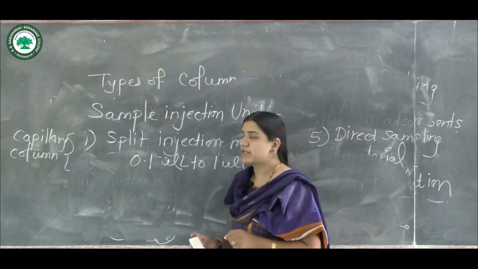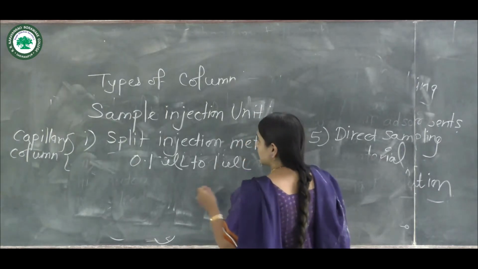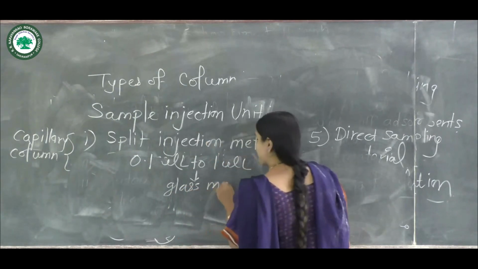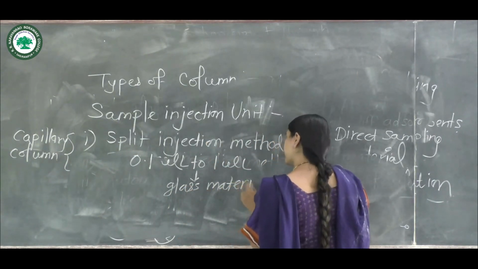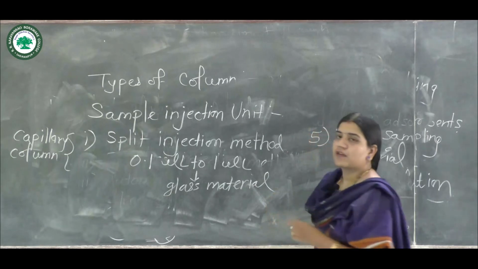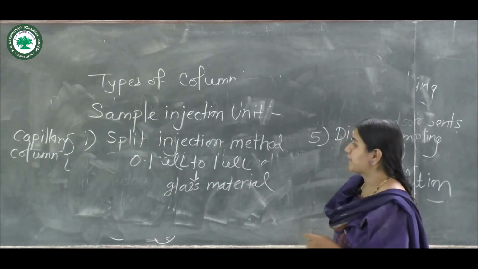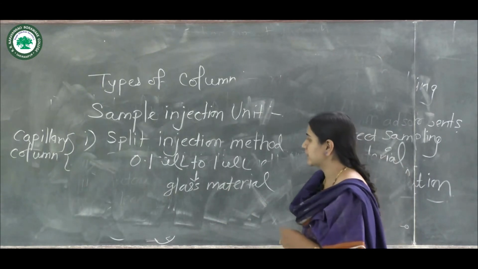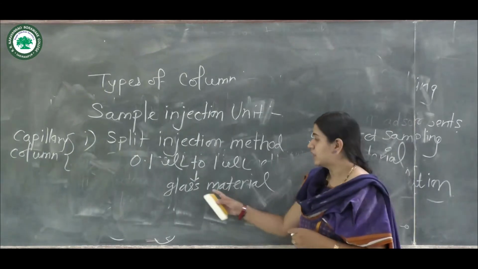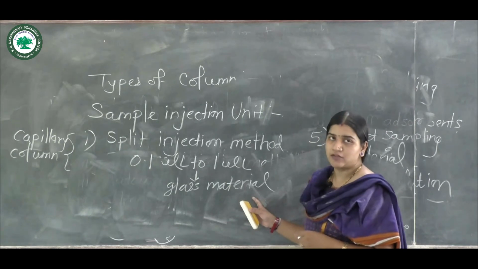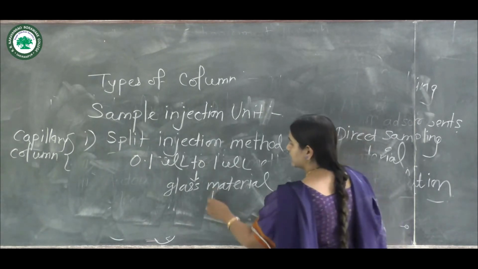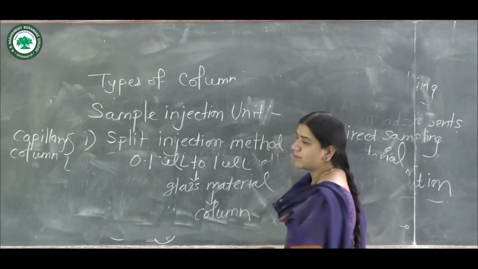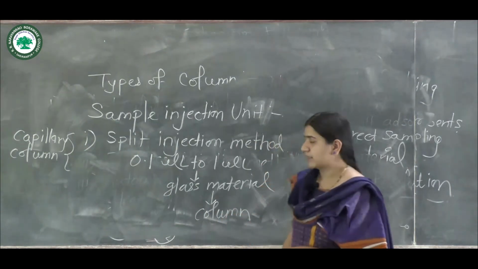For this purpose, the syringe which is used is made up of glass material. By taking the sample in the range of 0.1 microliter to 1 microliter in a glass micro syringe, your sample is injected inside the column in the split injection method.